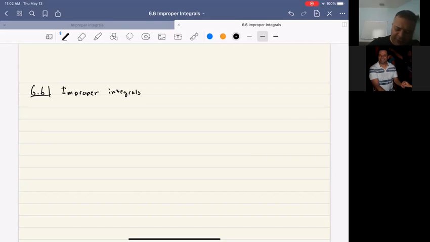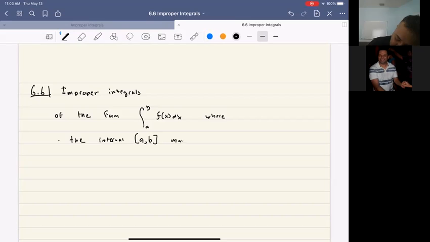Improper integrals are basically integrals of the form integral from a to b of f of x dx, where the interval ab may include some discontinuity.